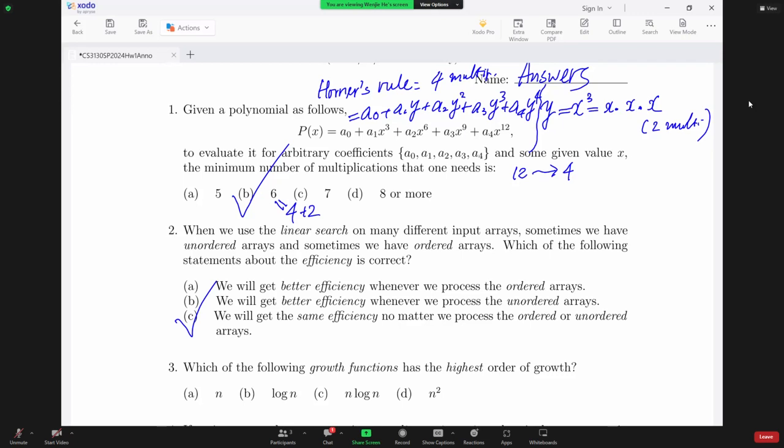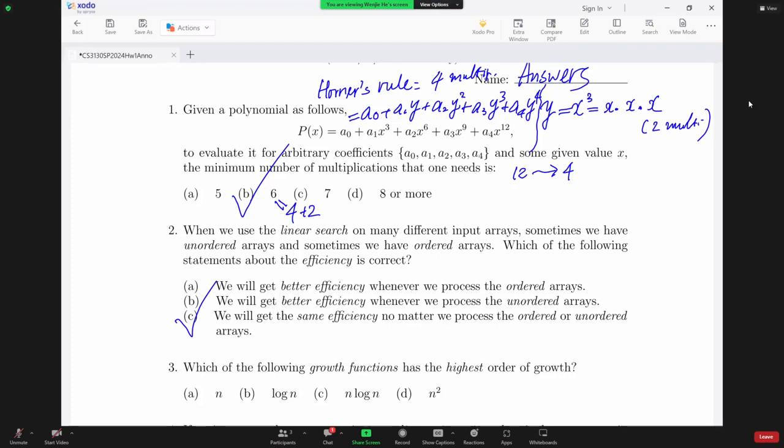No matter whether it's ordered or unordered, you always go through in the sequential order. No order change. That means you have the same efficiency for ordered or unordered. So that's one point.